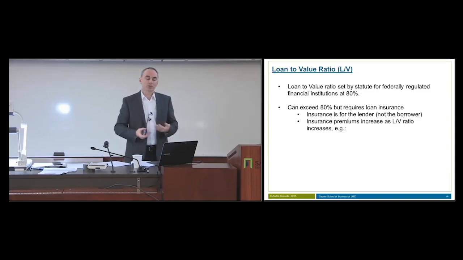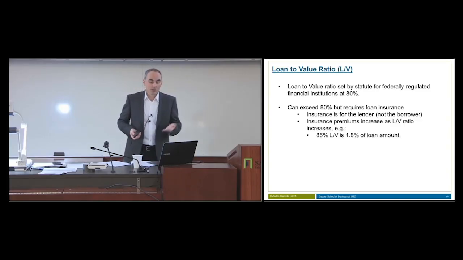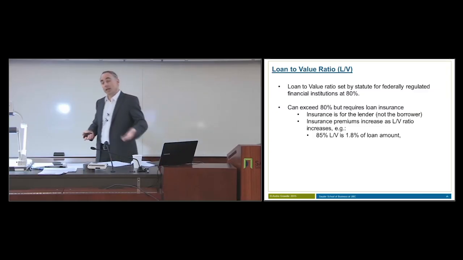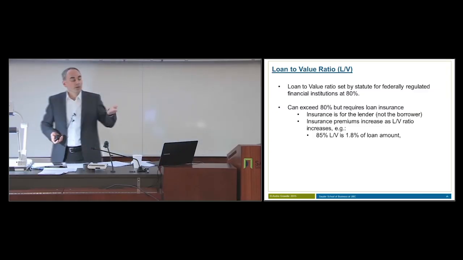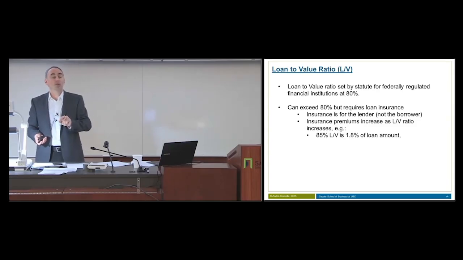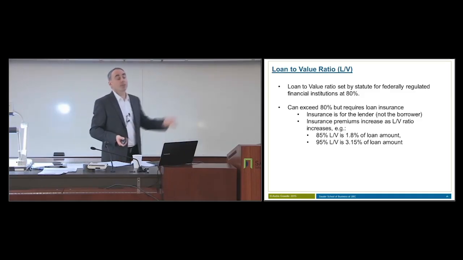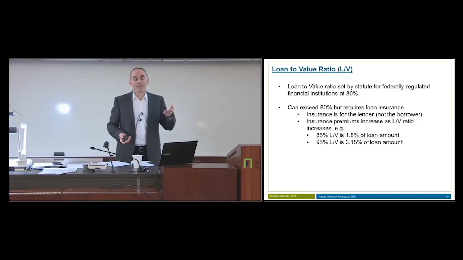So the insurance premiums increase as the loan-to-value ratio increases. So for example, if you want to go from 80 to 85%, the loan-to-value ratio, the insurance cost is 1.8% of the loan amount. If you want to go to 95%, it's 3.15% of the loan amount.